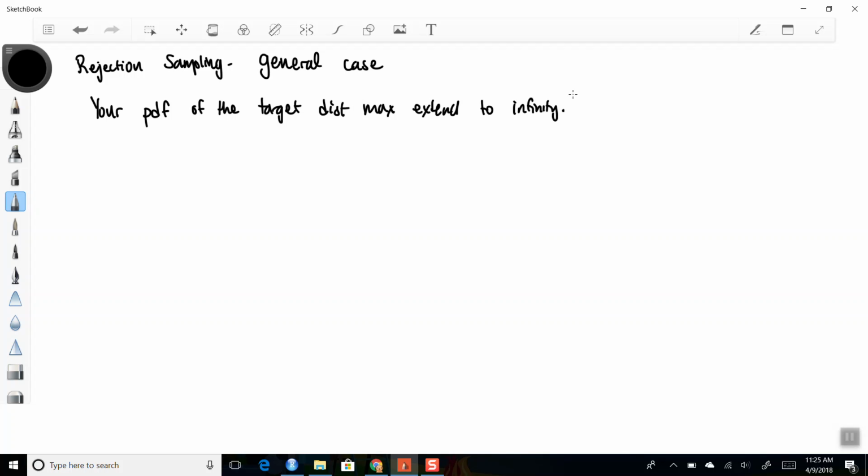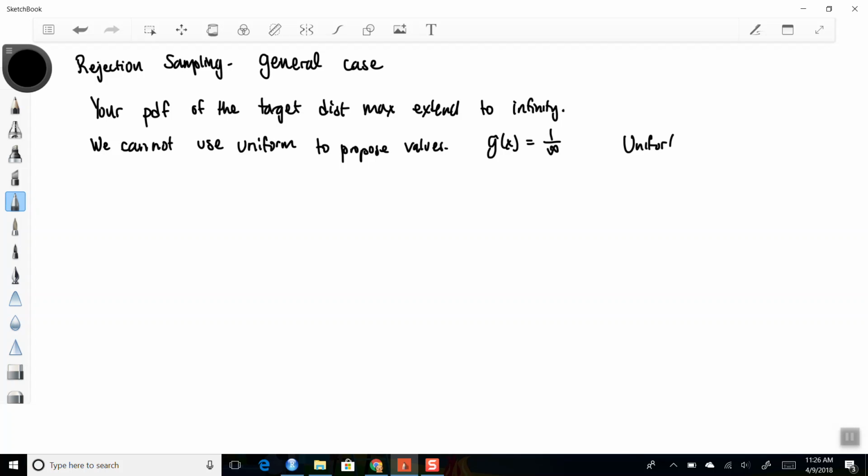In that case, we cannot use the uniform distribution as a proposal. Why can't we use the uniform to propose values? Because your g of x would be 1 over infinity, and it's just not possible to propose values on that interval.